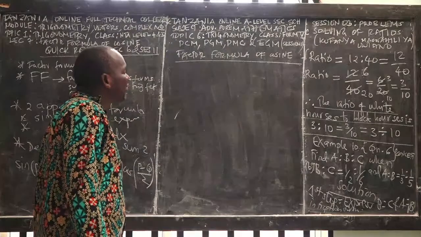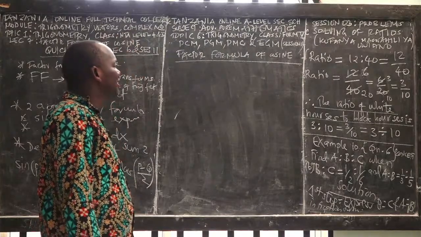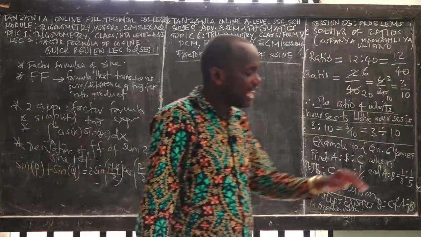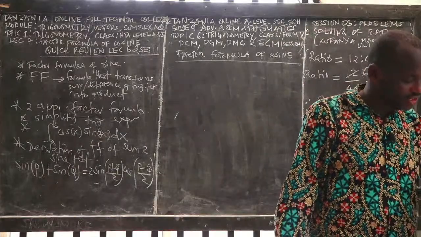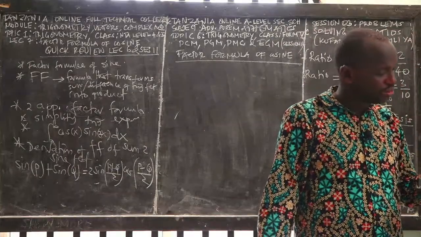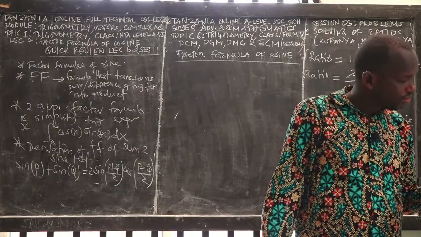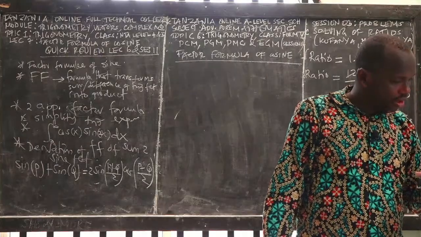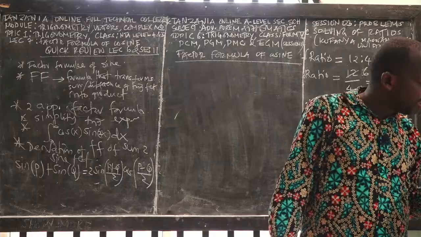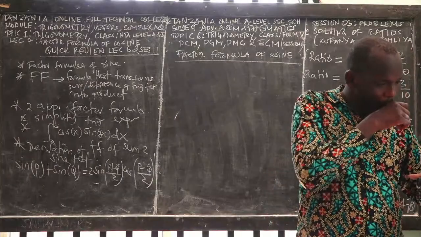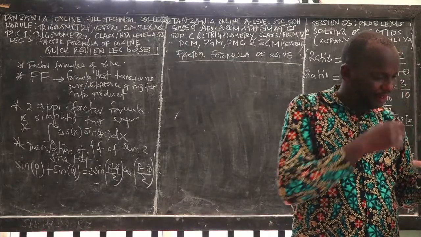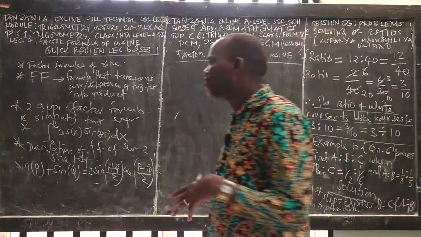To learn the factor formula of cosine, we just go straight forward. It is not important to review the application and definition, since we've discussed them.